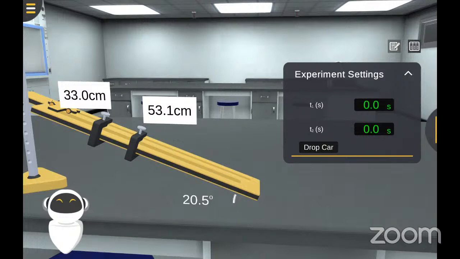Maybe not drawn to scale. Sir, we're not going to get an accurate reading.